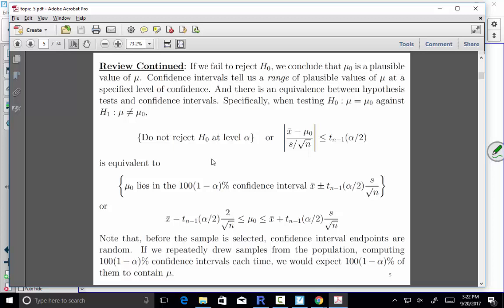And remember that hypothesis testing proceeds by assuming the null hypothesis is true and asking of the data, is there enough evidence to reject that assumption? Just like in the legal setting, we assume the accused is innocent and it's on the burden of the prosecutor to change our mind.